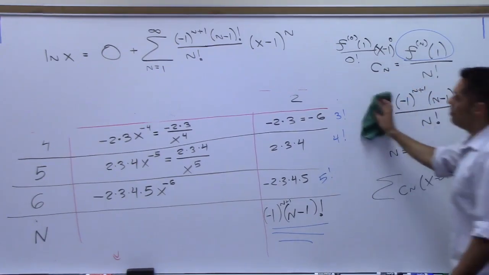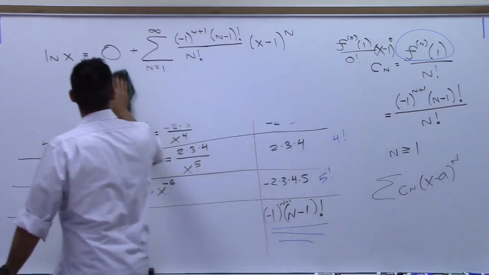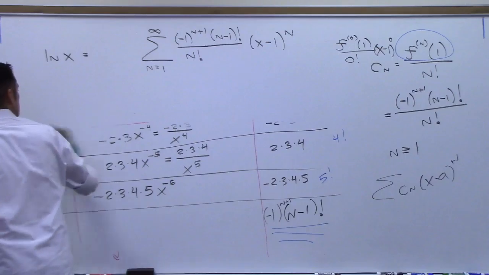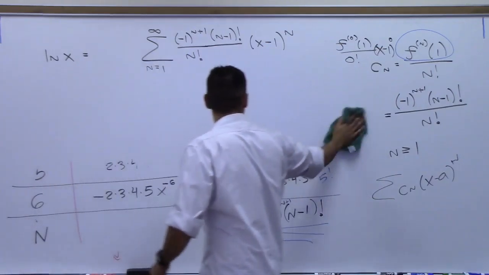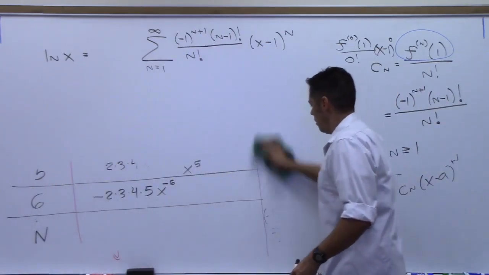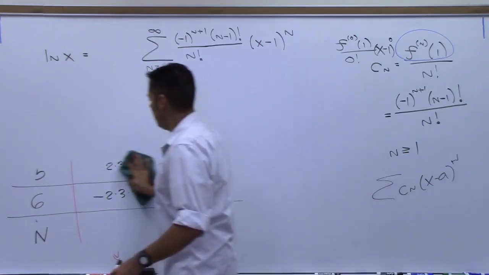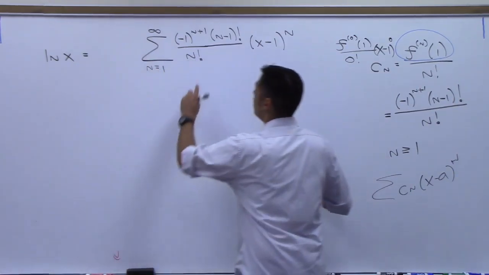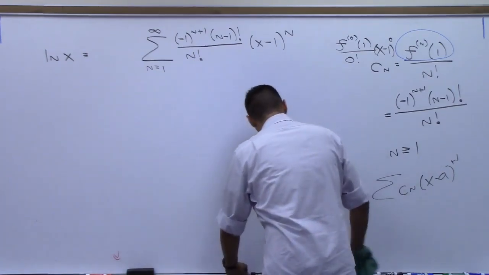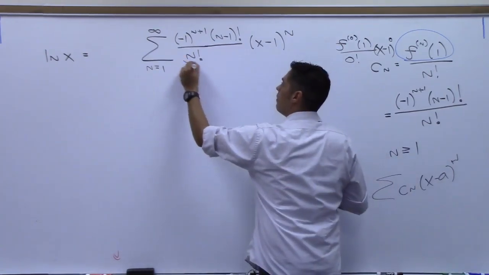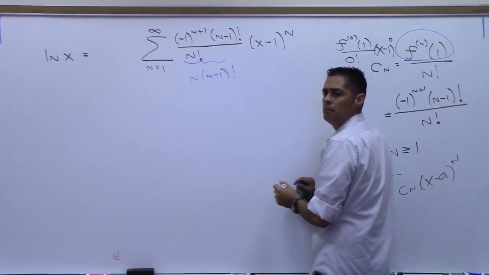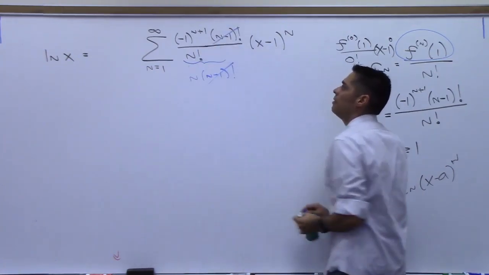All right, so since I don't need that, there it is. Now I need to clean that up because there's a little bit of simplification I can do. Do you see what I can do? The n factorials can be simplified a little bit. I can peel off an n from this one and write it that way, and then cancel like that, right?